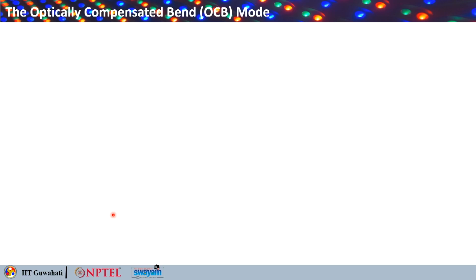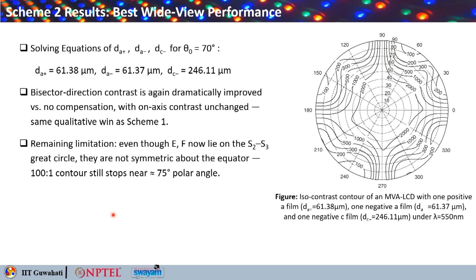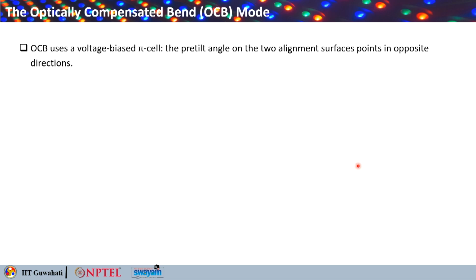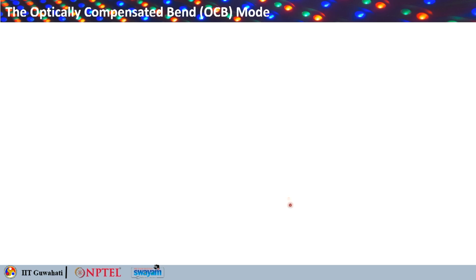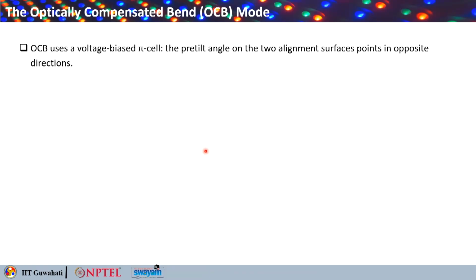That's why you'll see that the 100:1 contrast ratio still stops around 75 degree polar angle. So the final thing is that we need to look into some other schemes.